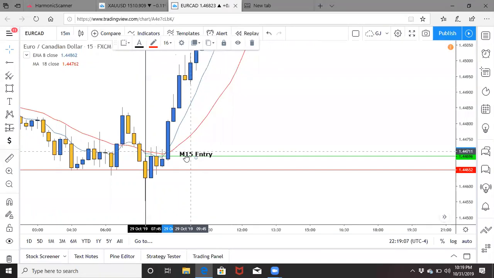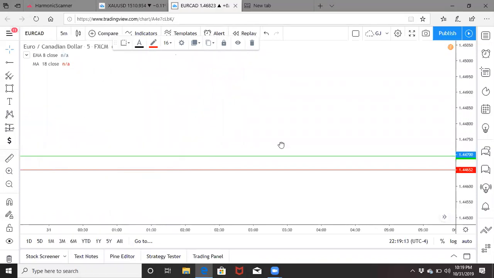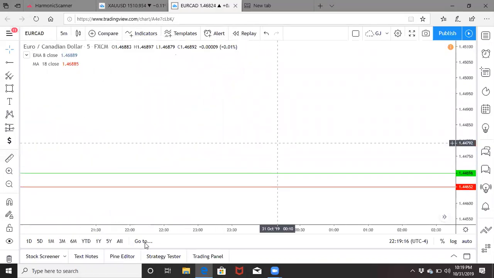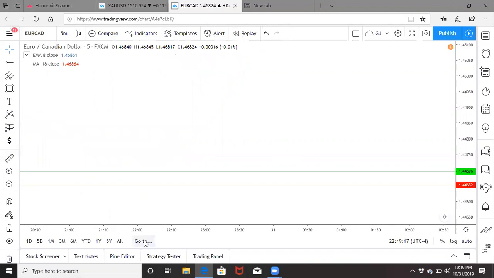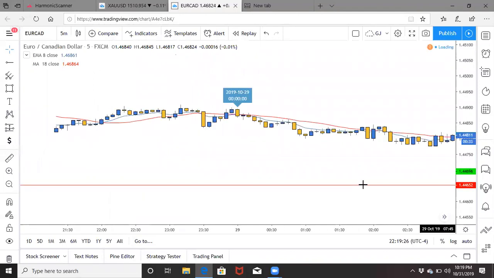This line. Go to the M5. Let's do this. Let me type. This could be a little quicker. Boom.